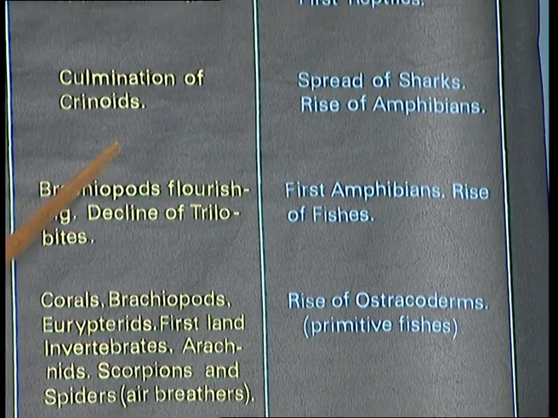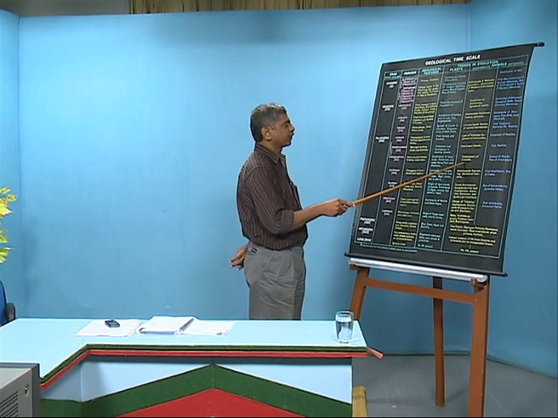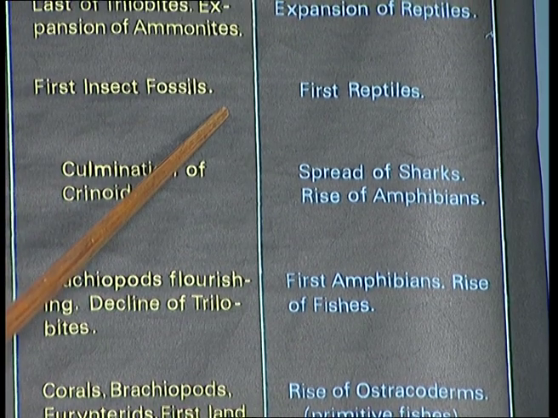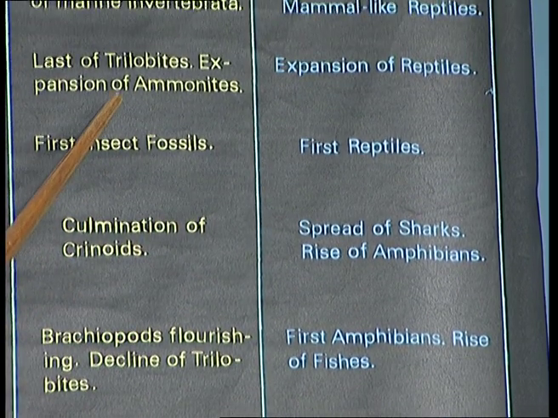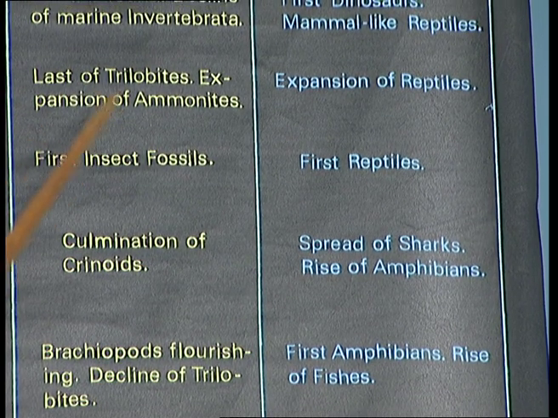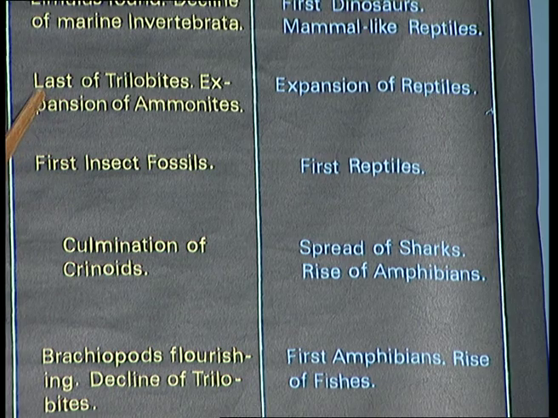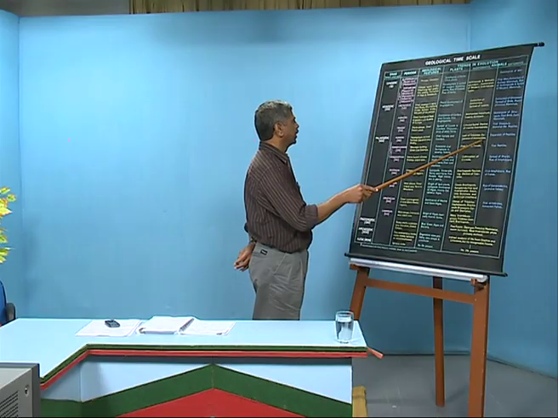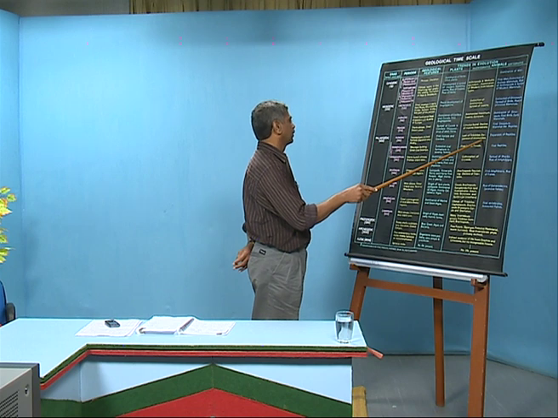During the Carboniferous period, a lot of crinoids culminated and the first insect fossils were also recorded. At the end of the Paleozoic, trilobite species were completely extinct and ammonites expanded at the end of the Paleozoic era.